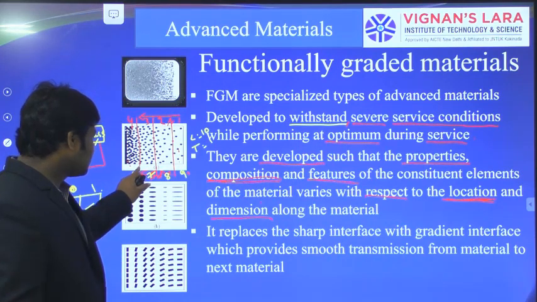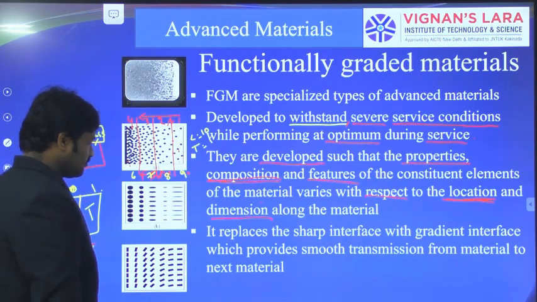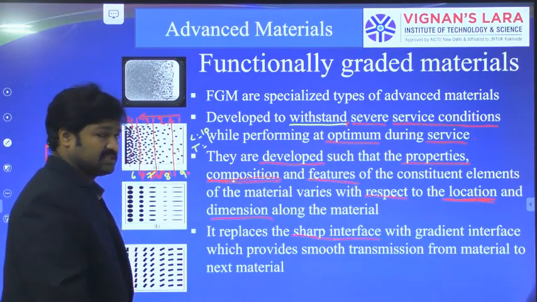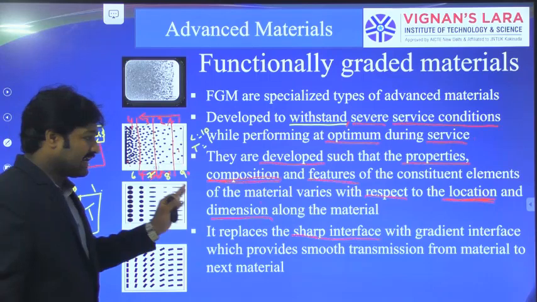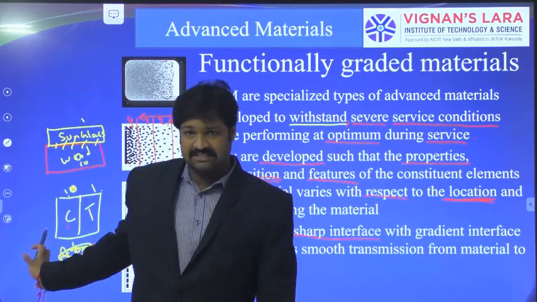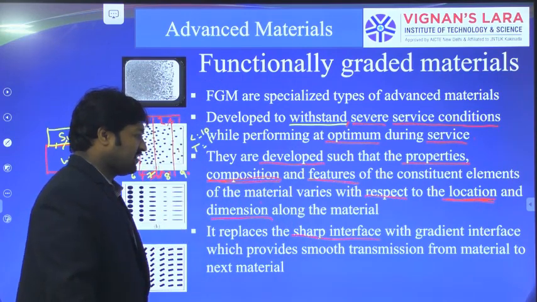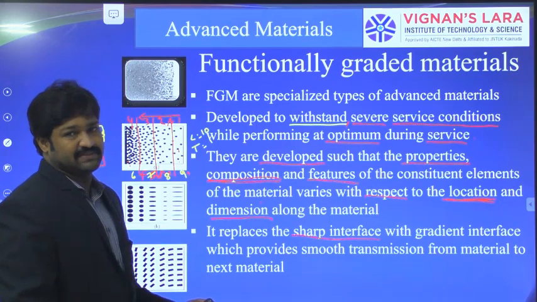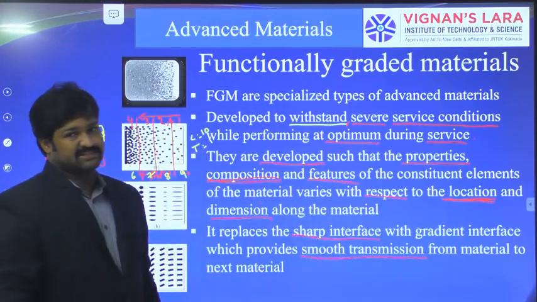So now our functionally graded materials replace the sharp interface with the gradient interface. This gradual changing is called the gradient interface, which provides smooth transmission from one material to the next material.